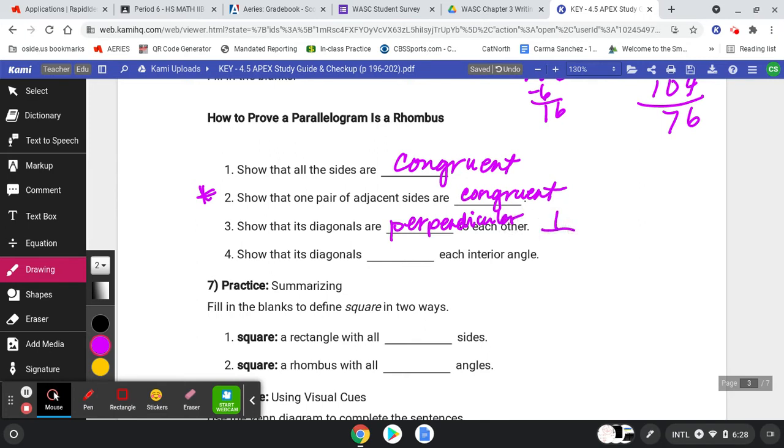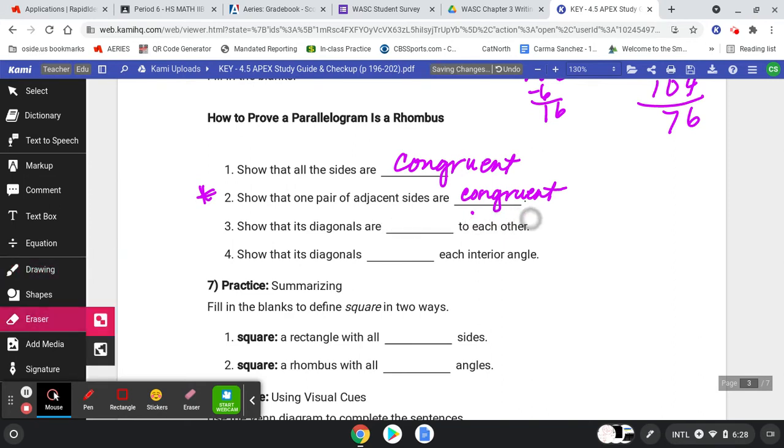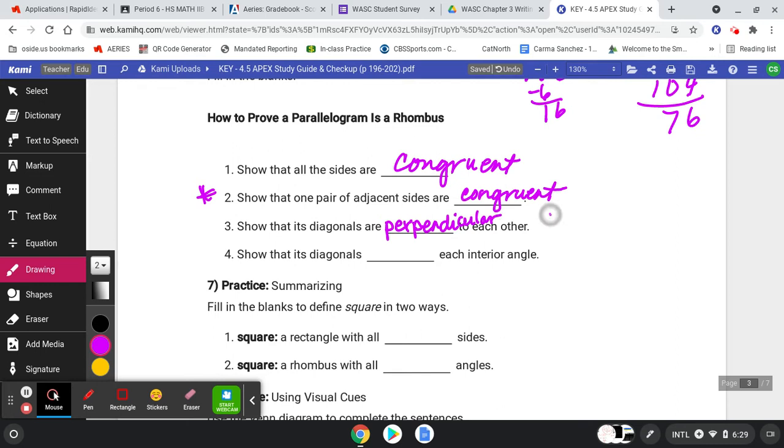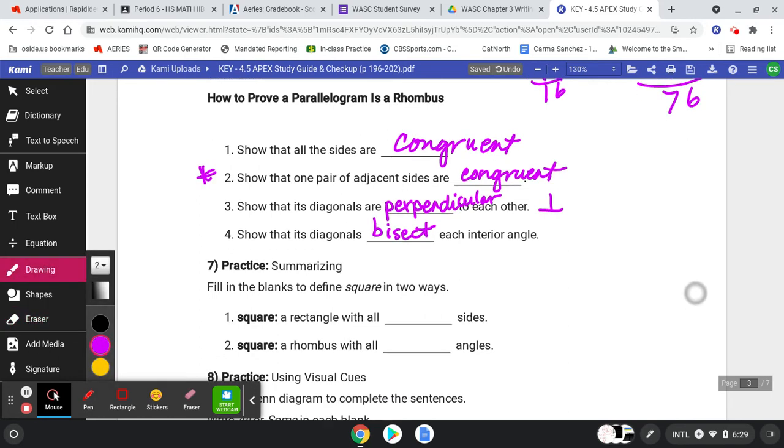And remember the symbol we use for perpendicular, like an upside down T, and it actually looks like two lines that are perpendicular to each other. I remind you of that in case they're using that notation. Show that its diagonals bisect each interior angle. So specifically, I would need to see something from this list in order to prove that it's a rhombus.